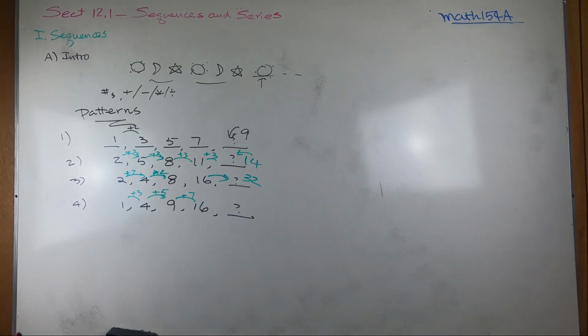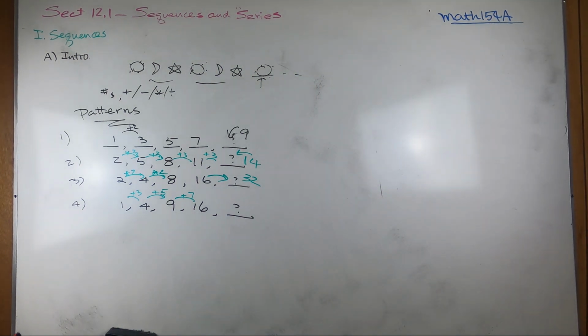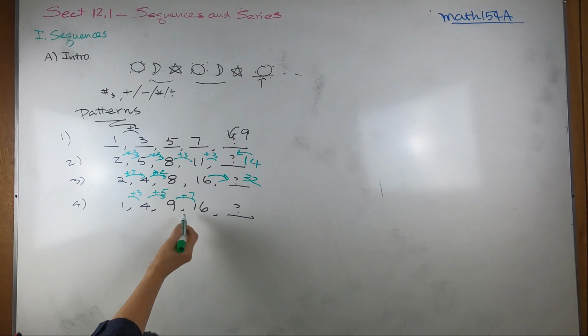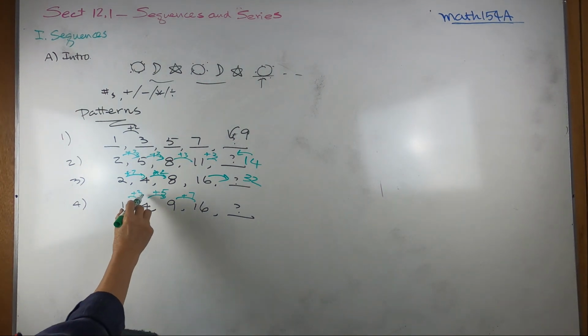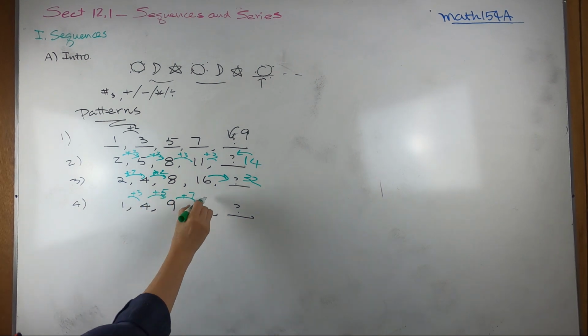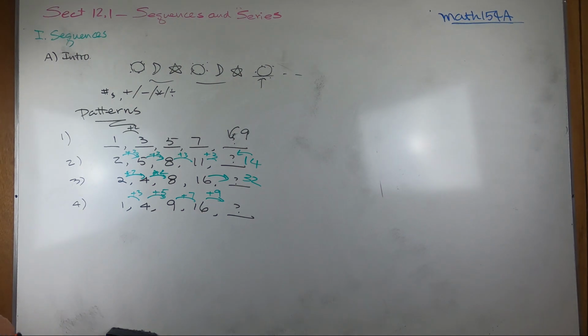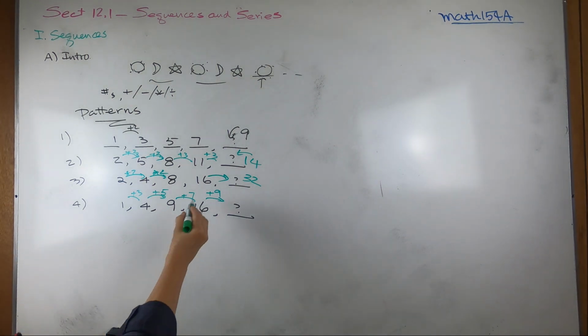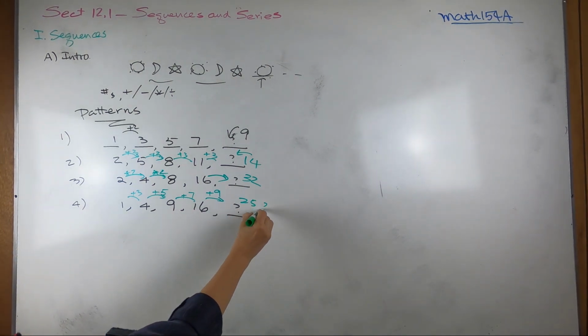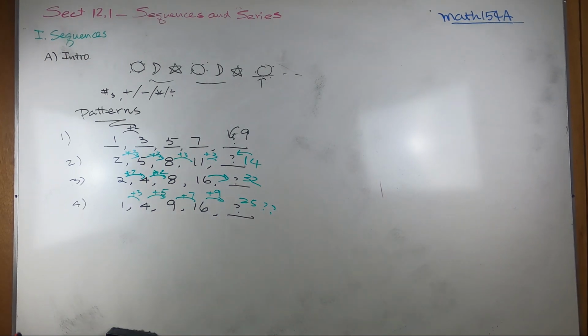It's not adding the same number, right? How about multiplying? Doesn't work. But you see adding 3, 5, 7, so the next one you would probably expect to increase the same way. That would be 9, that would be 25, right? That's one way to look at the pattern.